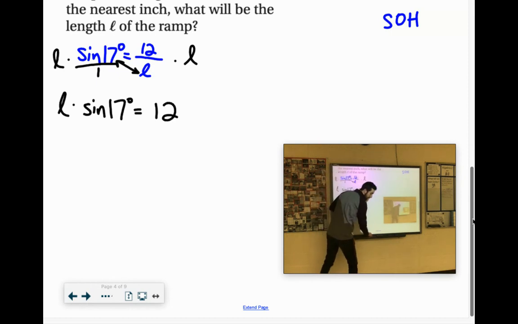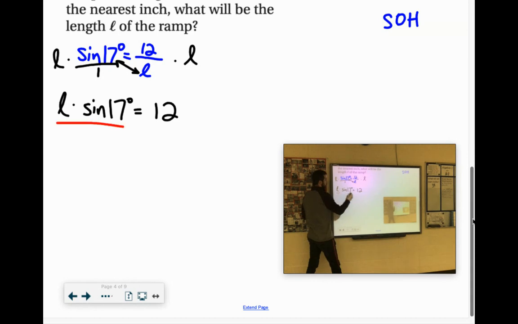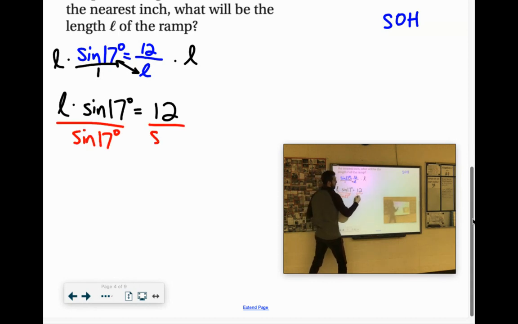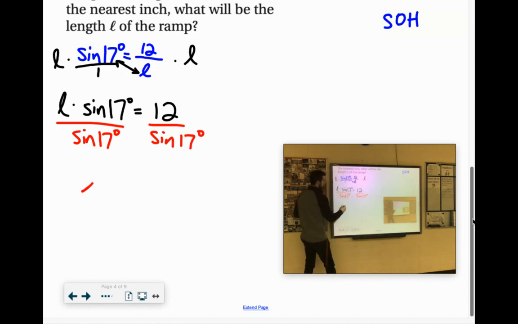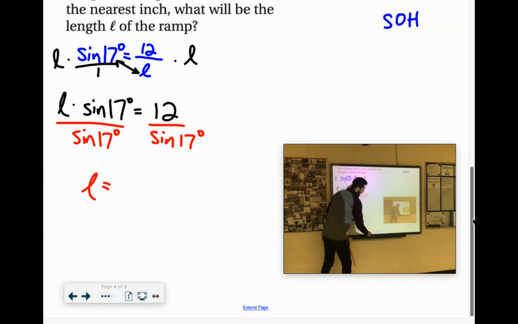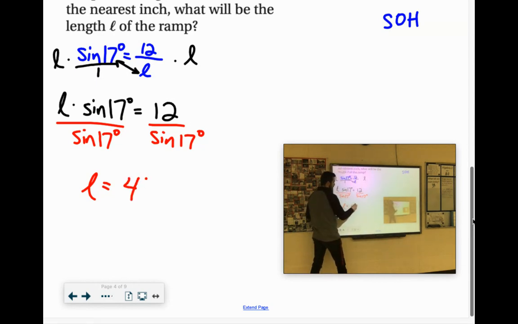Then we can divide by the sine of 17 degrees. We're left with L equals 12 divided by sine of 17. It's 41.04. So we'll call it 41, and what were these inches?